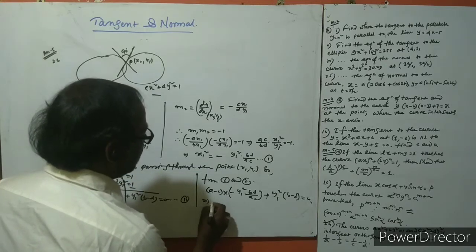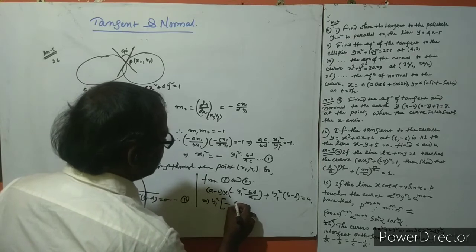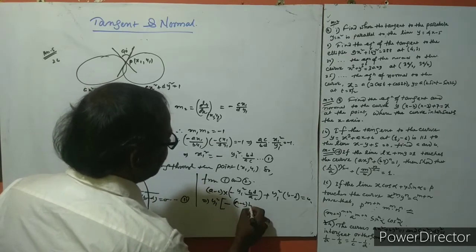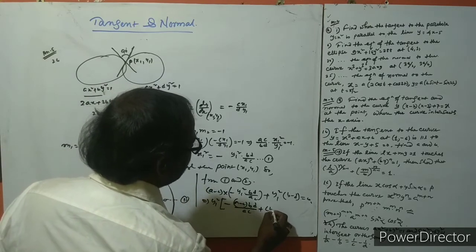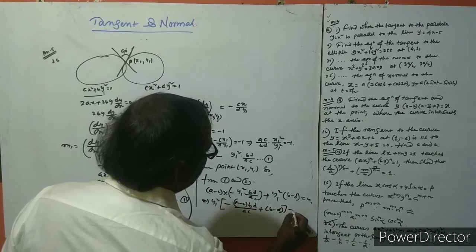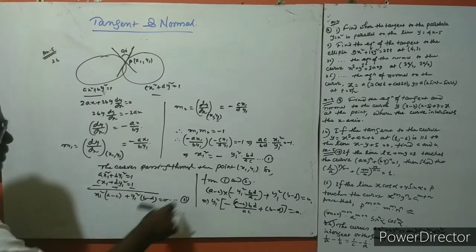Now we get (a minus c) into bd by ac plus (b minus d) equal to 0. Since y1 square is never 0, this bracket equals 0.